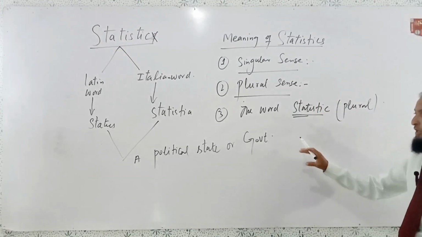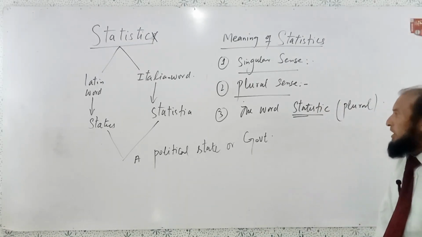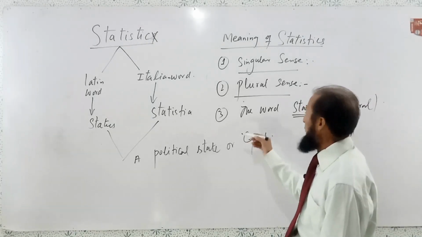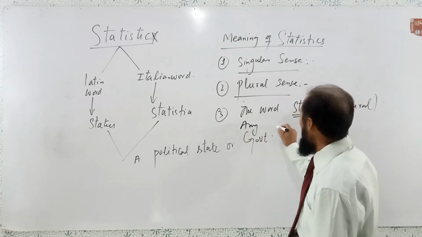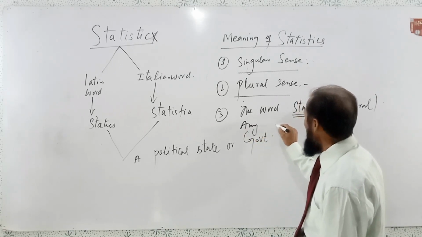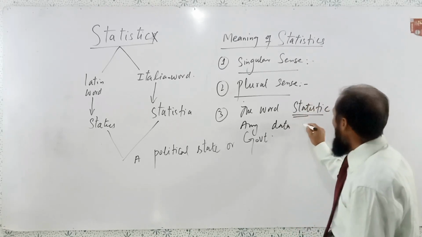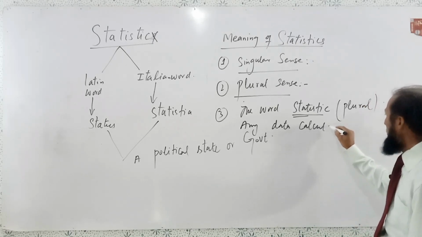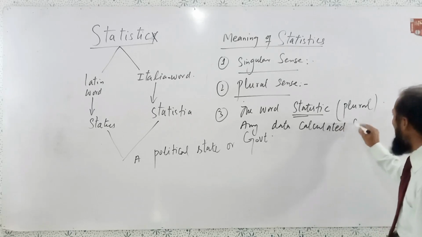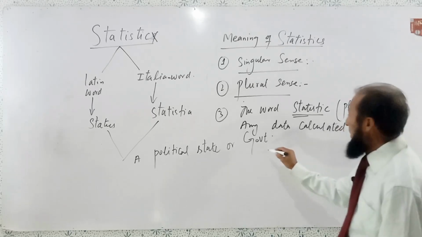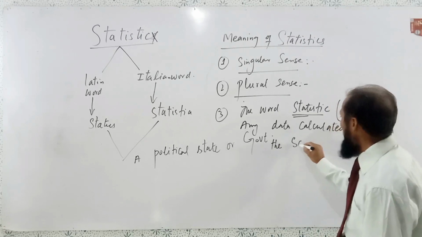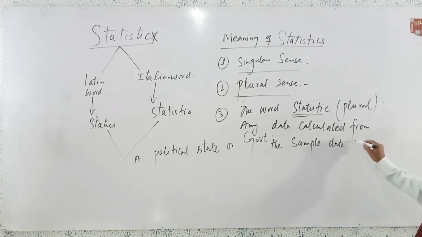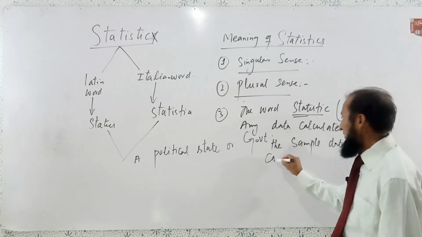Here any data or information calculated from the sample data is called a statistic. So the definition: any data calculated from the sample data is called a statistic.